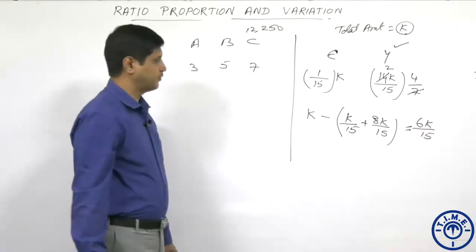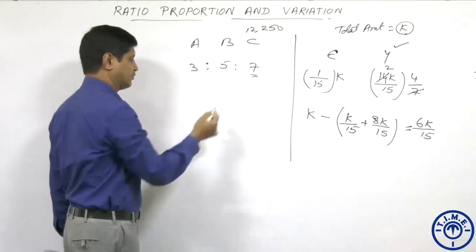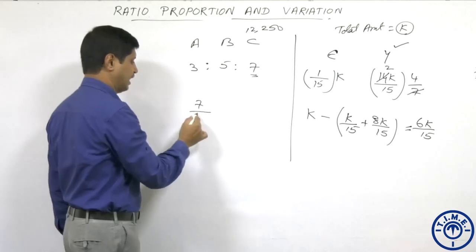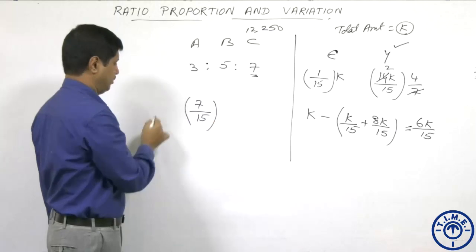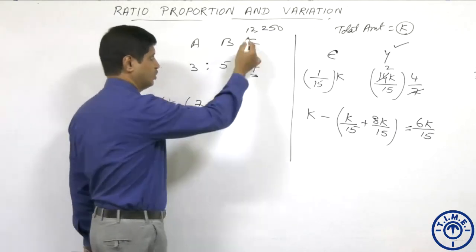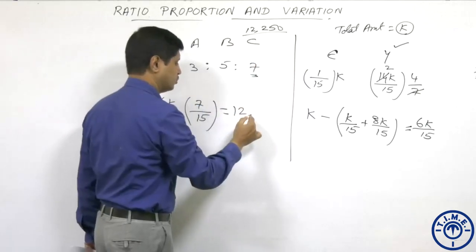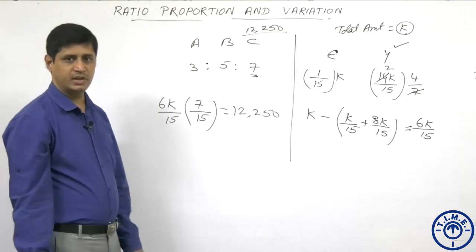Now, 6K by 15 is invested in this ratio. What is the C value? The value of C is 7 by the sum of the ratios of the remaining part. The remaining part 6K by 15 is equal to 12,250 for C. Now, on solving this we get the K value.